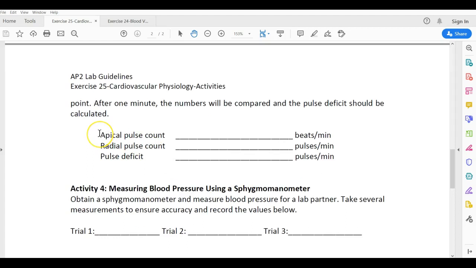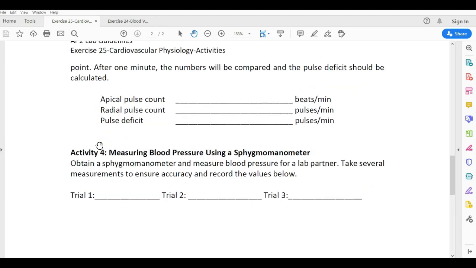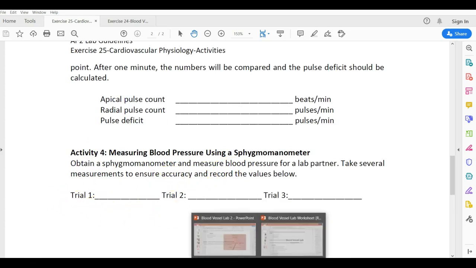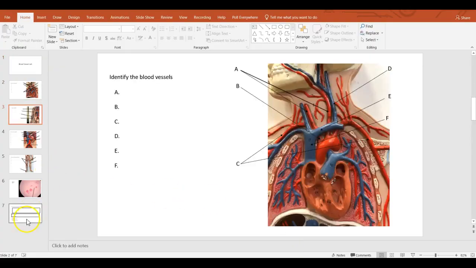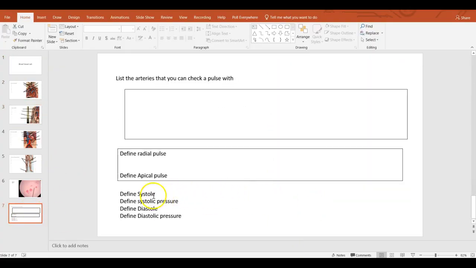You want to know what the apical pulse is and the radial pulse. I will leave it to you to read up on that. And then regarding blood pressure, let me go to your worksheet here. You want to know what systole means, which we already discussed during lecture.